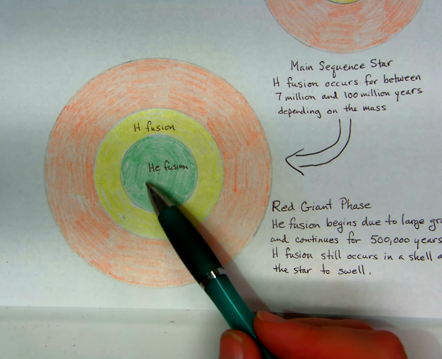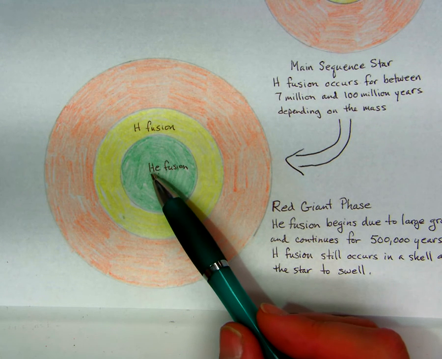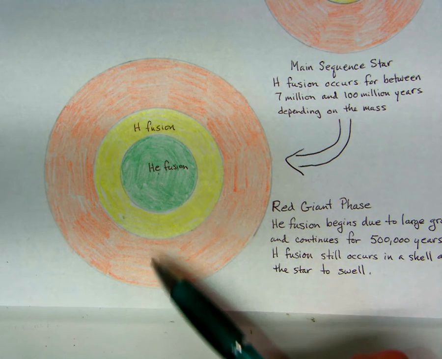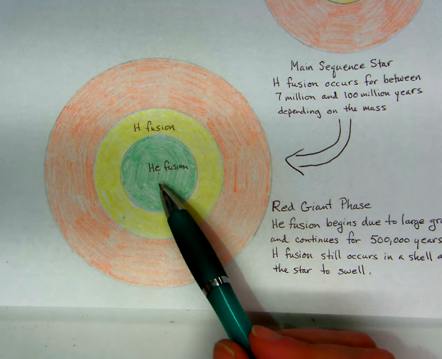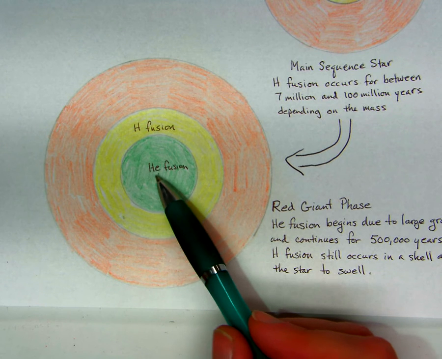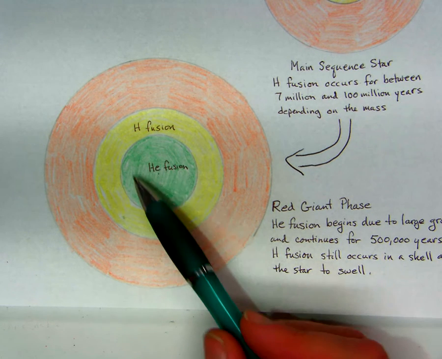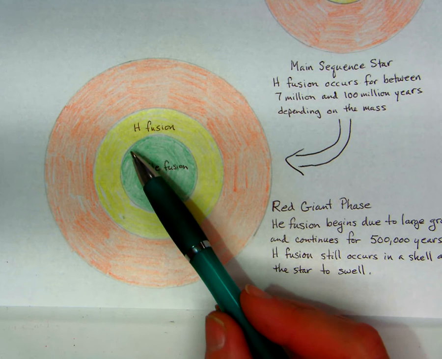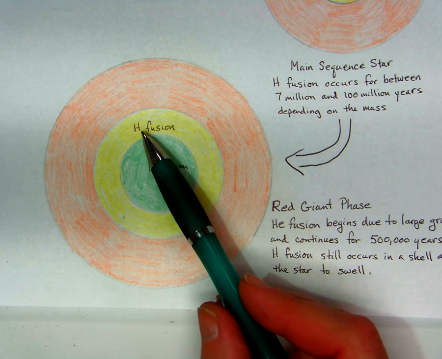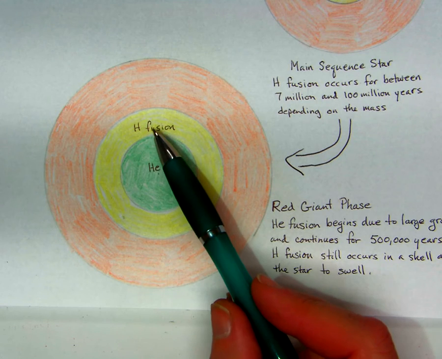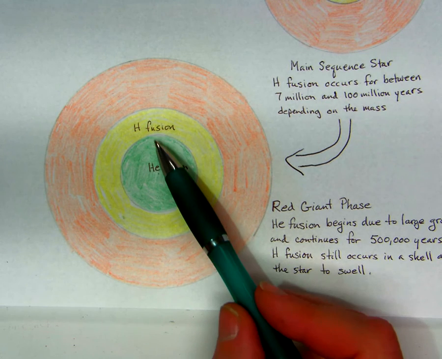Okay, so when it starts fusing helium, it'll start contracting, and it fuses it into carbon. So we've got carbon starting to form in the very center. Most of the core, though, is helium. But as you go out, gravity is less and less, and most of the helium has sunk to the bottom.